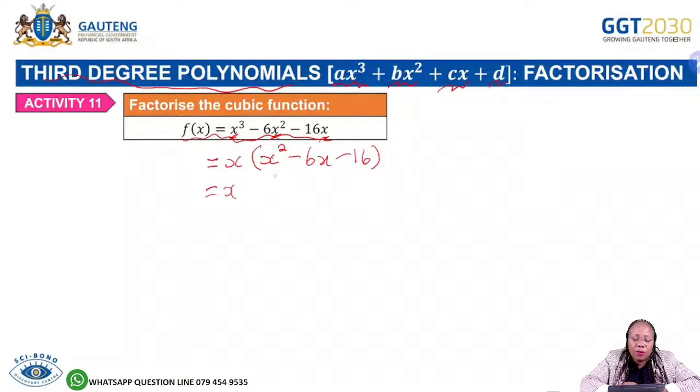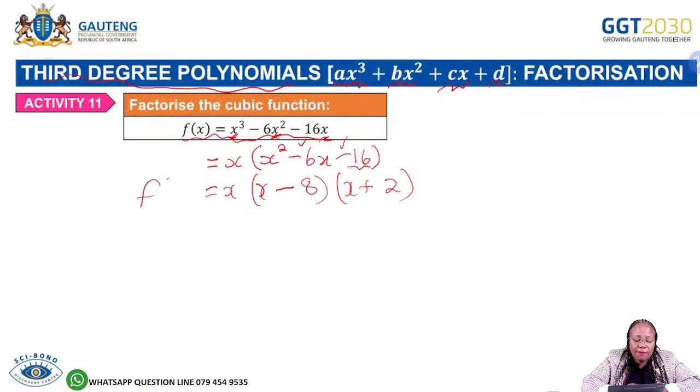And then we can factorize this trinomial. We are looking for factors of 16 that, when you subtract them, give you minus 6, which are 8 and 2. 8 times 2 is 16, right? To get a negative 6, 8 must be negative and 2 positive.